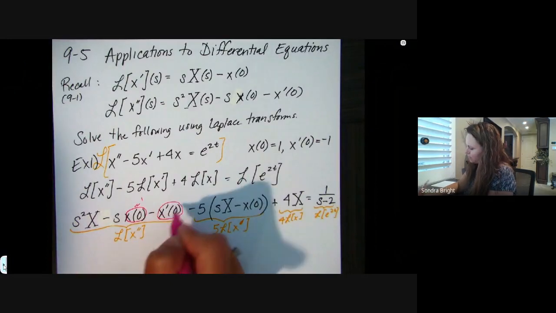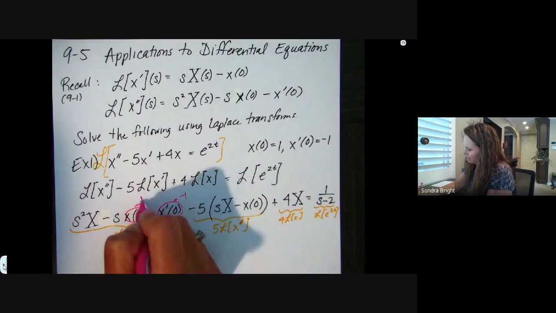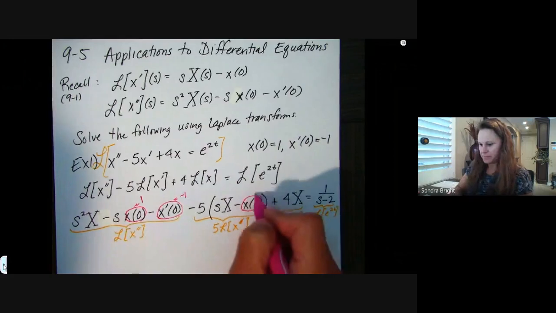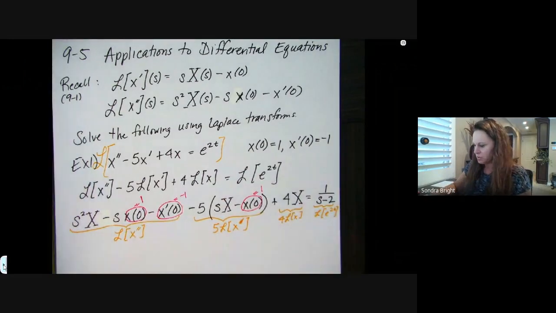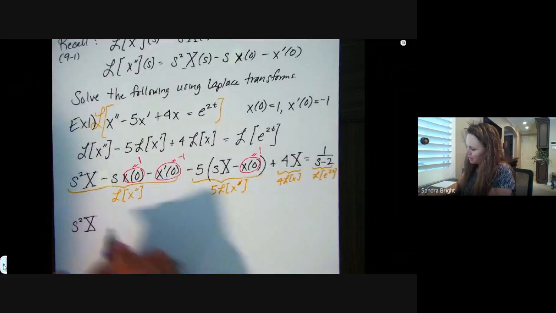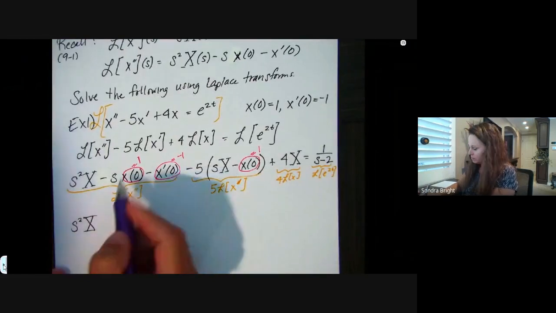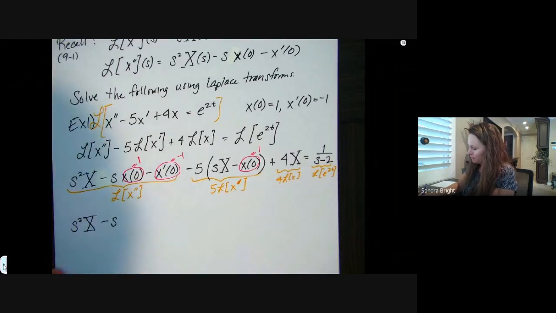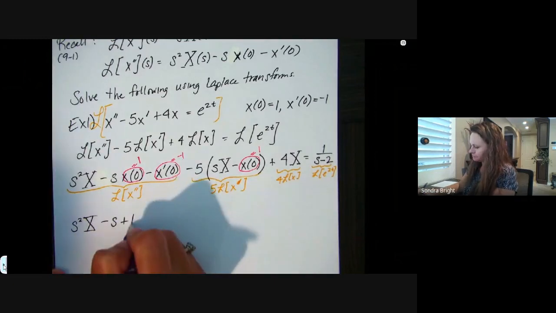When I rewrite this, I've got s squared times capital X, minus s times 1, so just a minus s, minus a negative 1, so a plus 1.